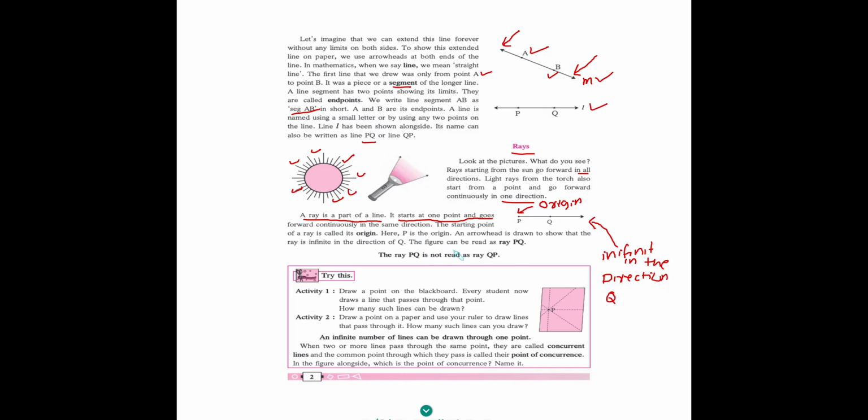In this figure, we read the ray PQ. The ray PQ is not read as ray QP. Why? Because the ray starts from the origin, which is P, and from there it goes on infinitely toward Q. We do not say QP, because in that direction it goes on infinitely, but at P it stops.